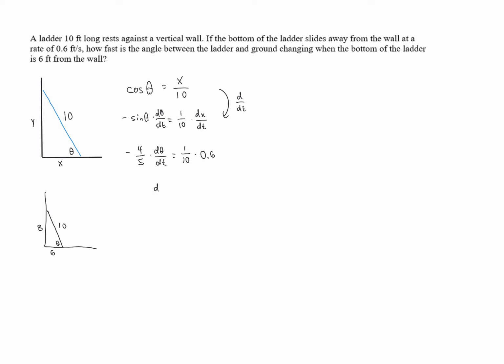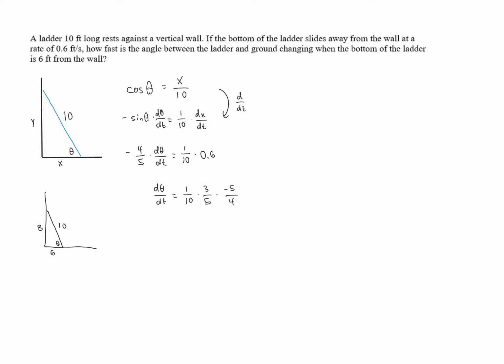So we're going to have d theta over dt equals 1/10 times 0.6 is the same as 6/10 or 3/5. I'm just going to make them all fractions. There's no sense in dealing with fractions and decimals. And then times, remember we wanted the reciprocal of negative 4/5, so that's negative 5/4.